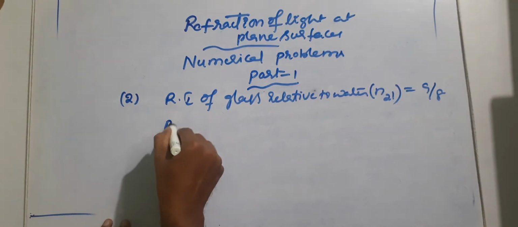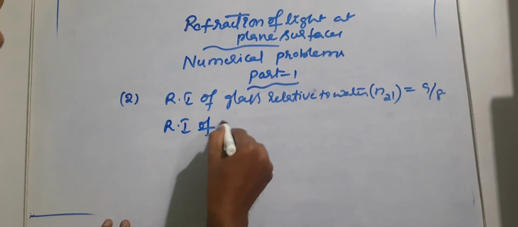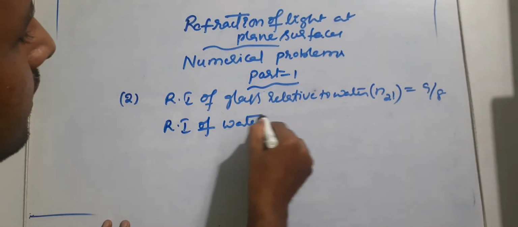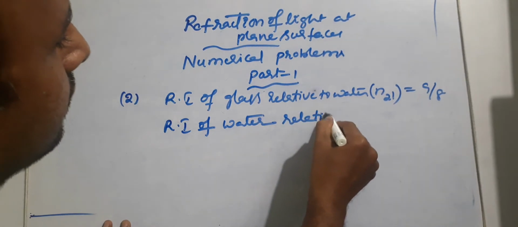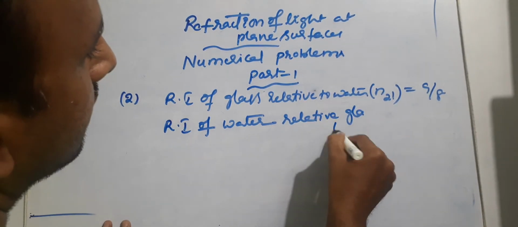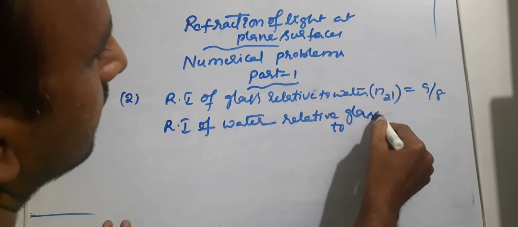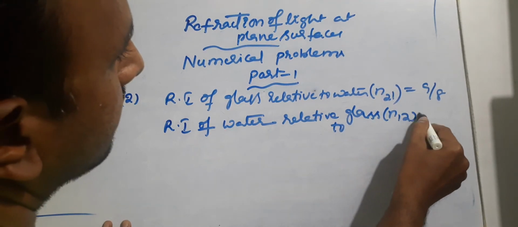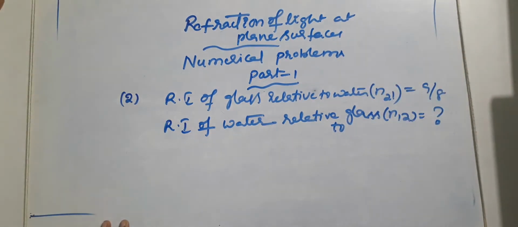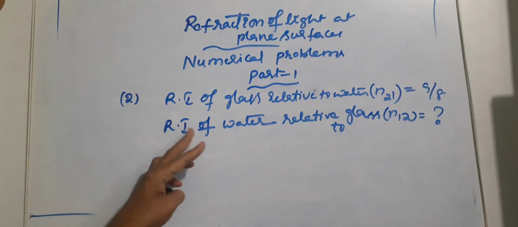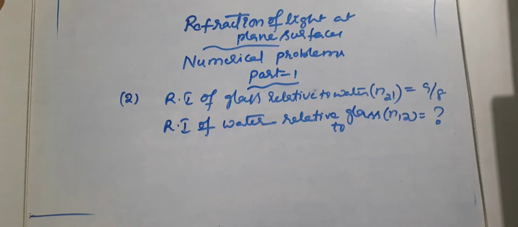So now what is the refractive index of water relative to glass? Relative to glass. Consider it is taken as n12. We want to calculate it. If the refractive index of glass relative to water is 9/8, then what is the refractive index of water relative to glass?